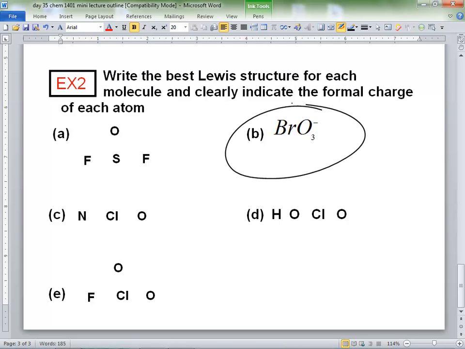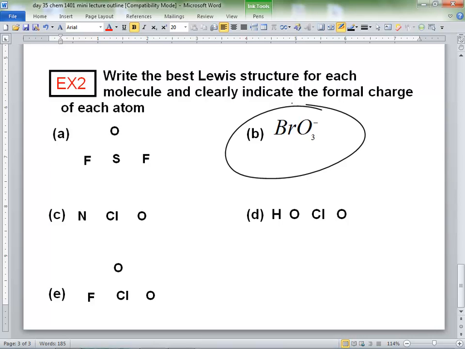We're not going to do this yet. We're going to do it after we talk about bond energies, but would you get all zeros for bromate? No. In fact, all the formal charges better add up to be -1.